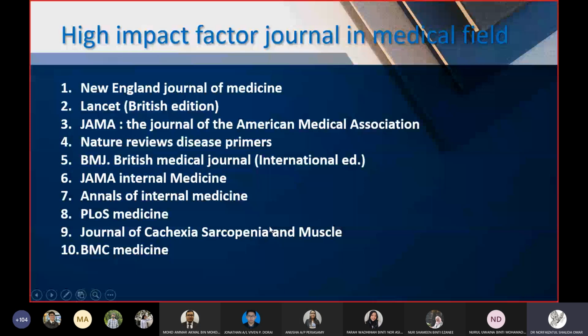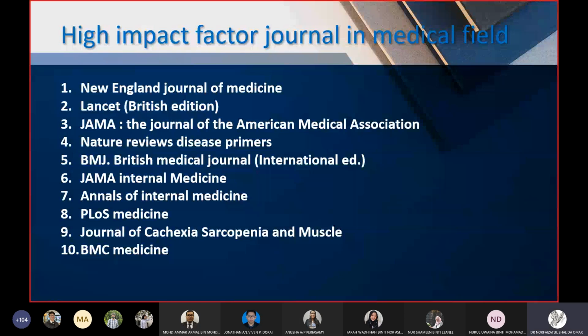In other fields like engineering and architecture, they also have their own publications and their own impact factor journals. Okay, so these are the journals that we always use in the medical field. Even when you have become a doctor, as a healthcare worker in a hospital, you always refer to these high impact factor journals.